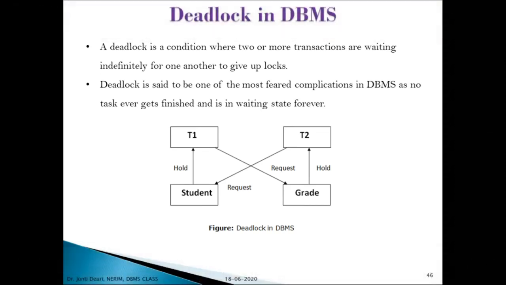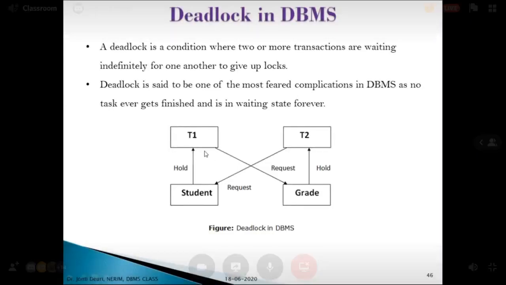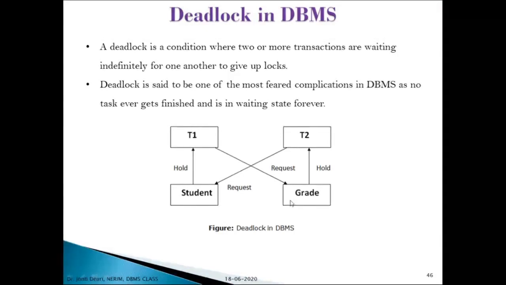T1 is waiting for T2, and T2 is waiting for T1, because T1 is holding student. To complete, we need student and grade together. If T1 gets the grade, then only it can finish its transaction. So now it is holding student and waiting for grade. Once it gets the grade, it can finish its work. But at the same time, T2 is waiting for student.